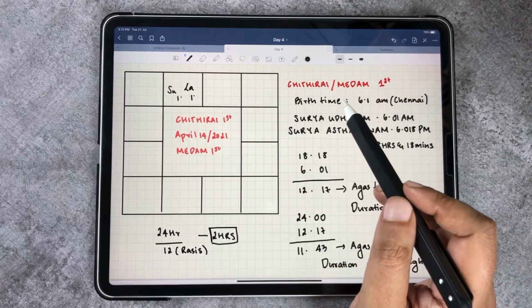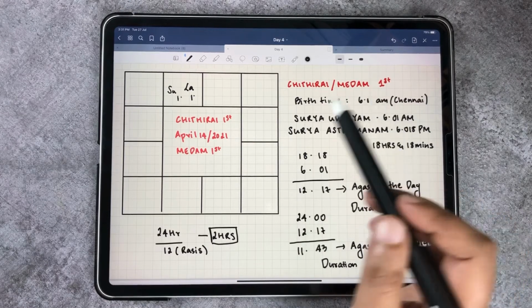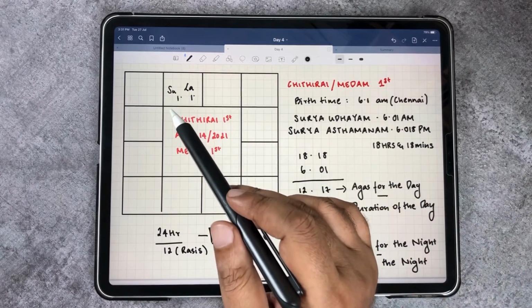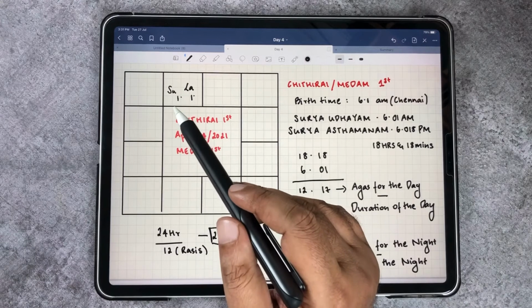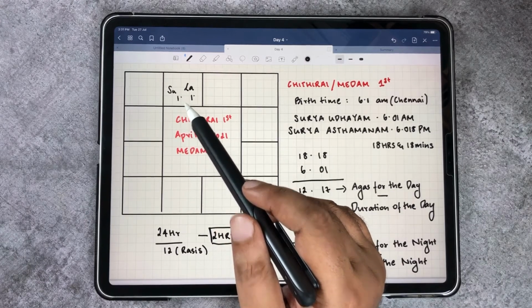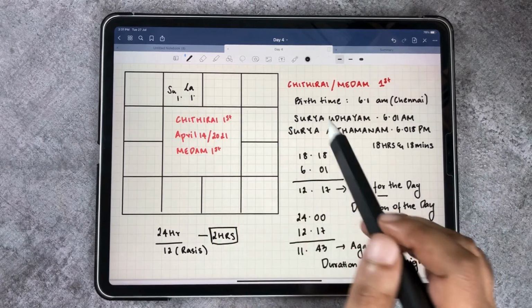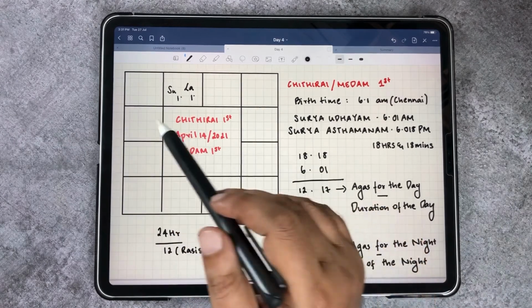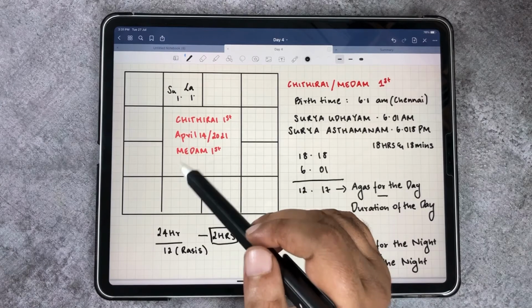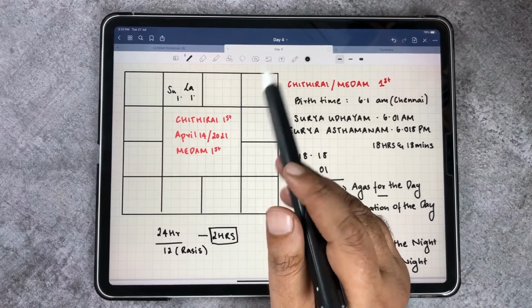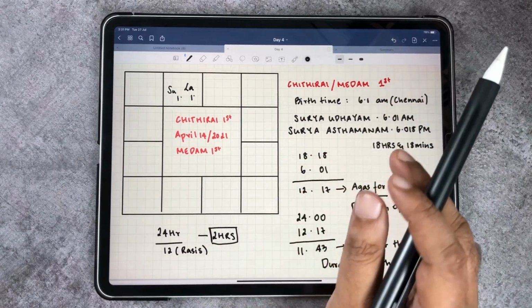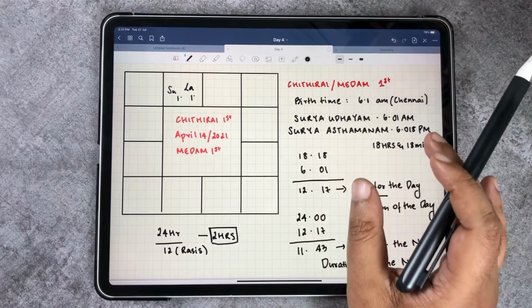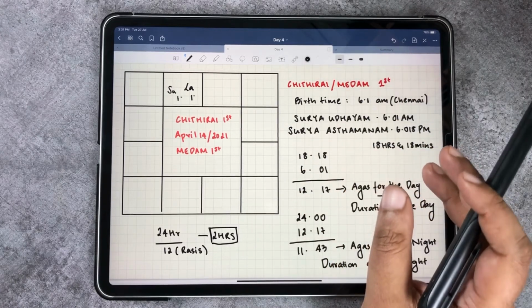So in the month of Chittarai, the first, sun would be in Mesha Rashi in 1 degree. So the first 2 hours, it will be the Mesha Lagnam. Till the next day, it will cover all the remaining Rashis. So 12 Lagnas will be there for 24 hours. So approximately 2 hours for a Lagna. So it is based on this that we are going to cover the remaining math.